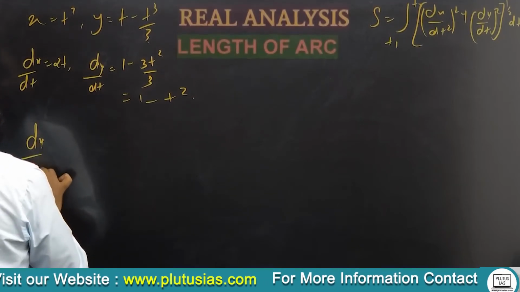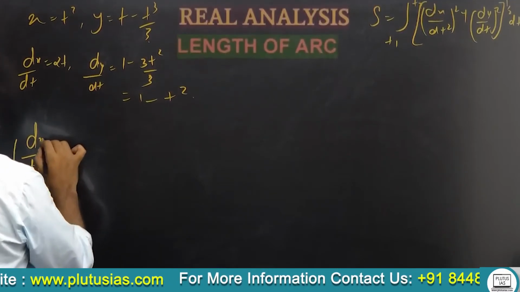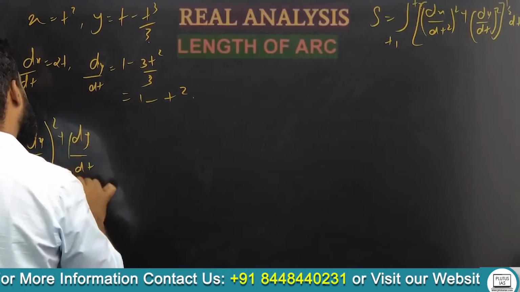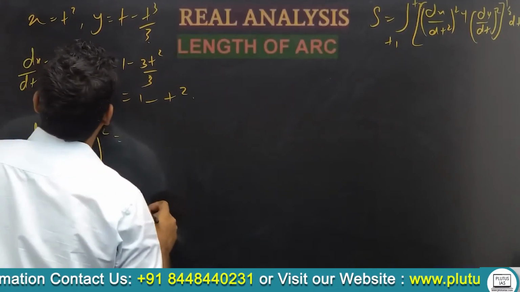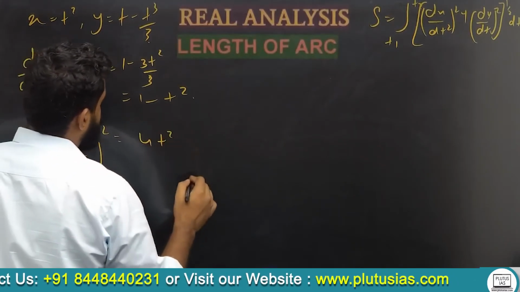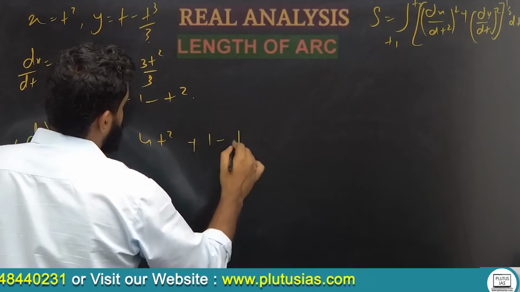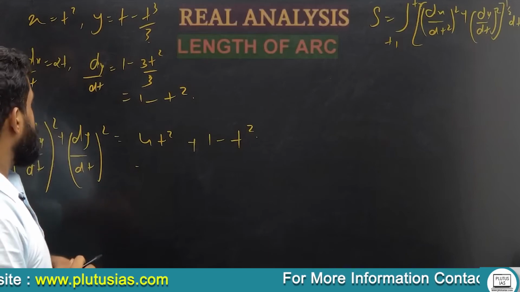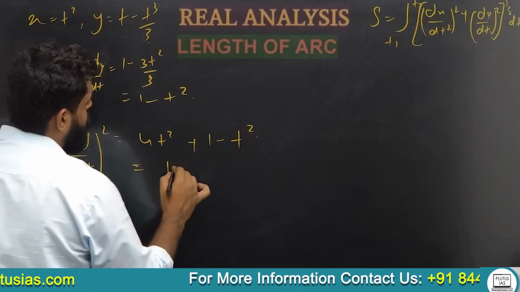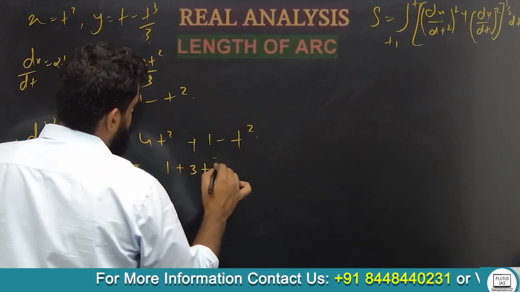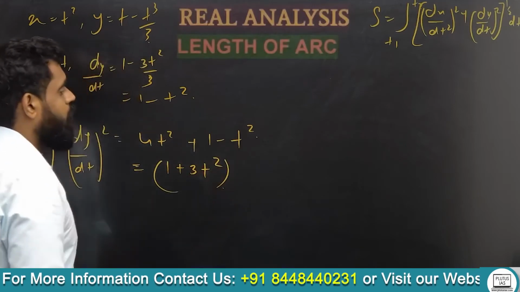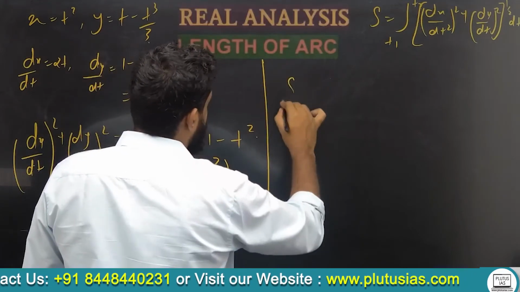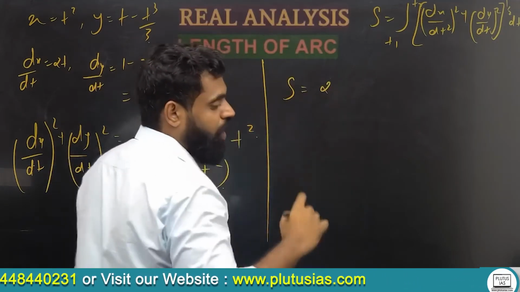And dx by dt whole square plus dy by dt whole square would be 4t square plus 1 minus t square, which would be 1 plus 3t square.